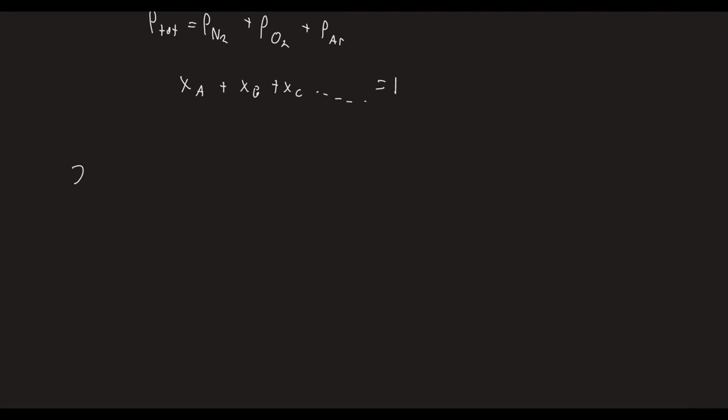So let's say we have 2 moles of N2, 3 moles of O2, 5 moles of argon, and the P total equals 1,000 torr.